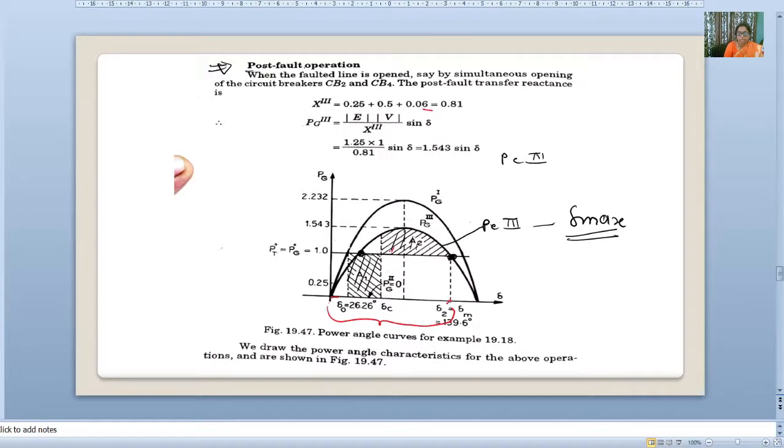If I want to calculate this del max, what I can do, this total is pi. If I am drawing a vertical line from the stable point, this will be equal to this.